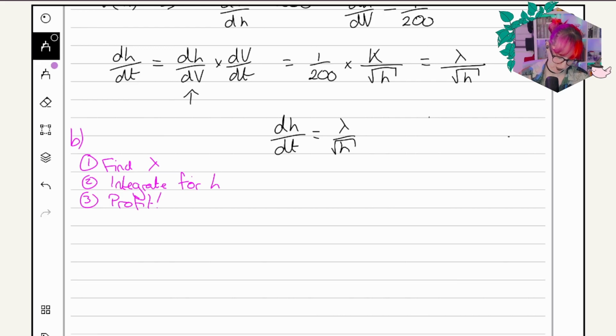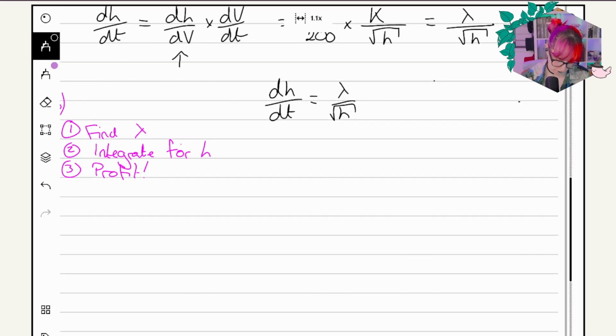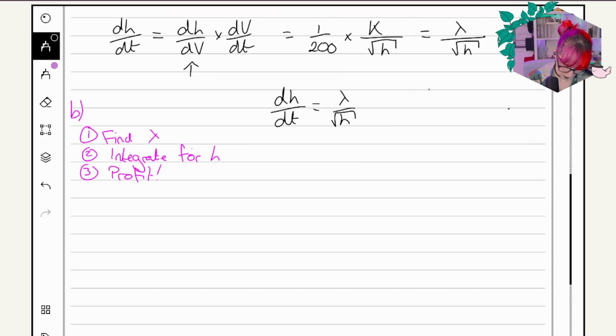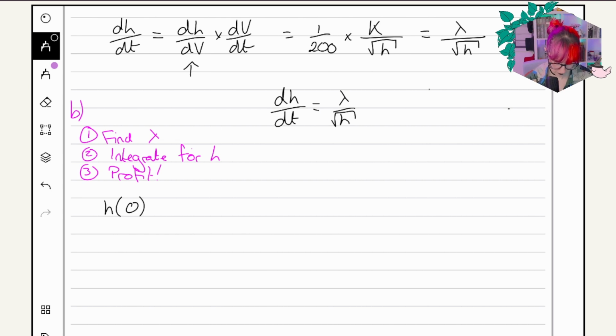Okay, that's the goal. So the two values that we had were h at 0 is 1.44, and h at 8 minutes. So we need to be careful with our choice of t here.